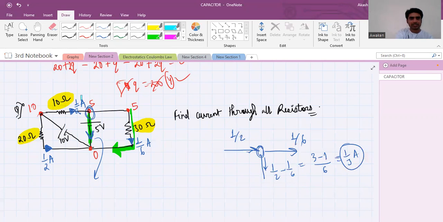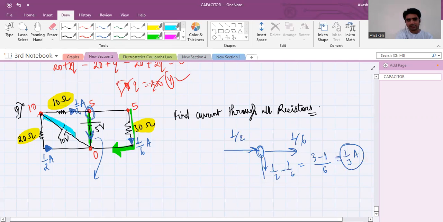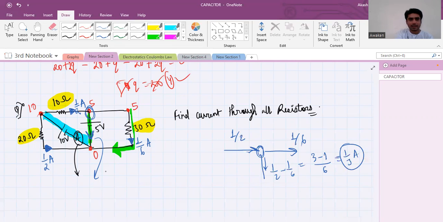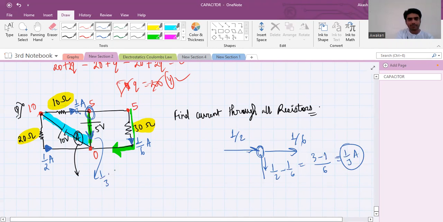Now tell me the current flowing in this branch. Again half ampere is coming. Just tell me the current in this branch. Don't tell wrong. What is the reading of the ammeter in this case? Carefully answer.